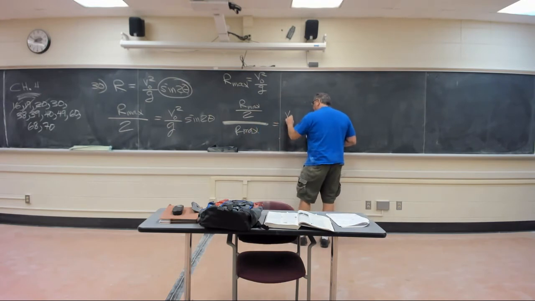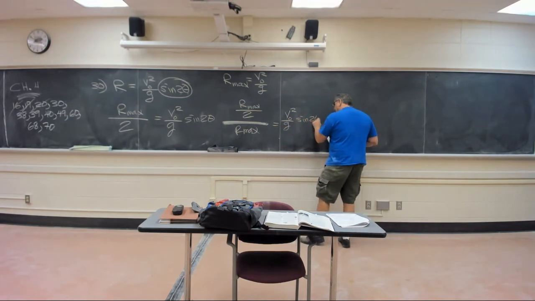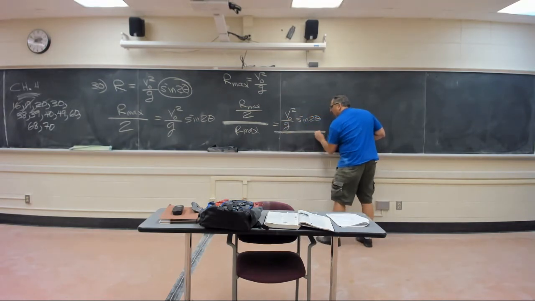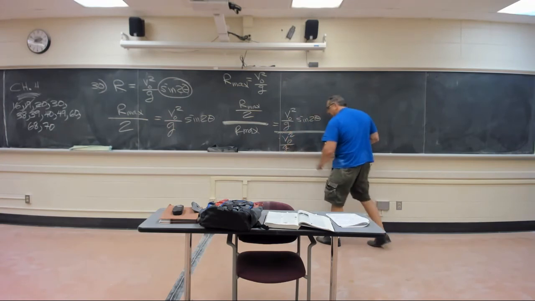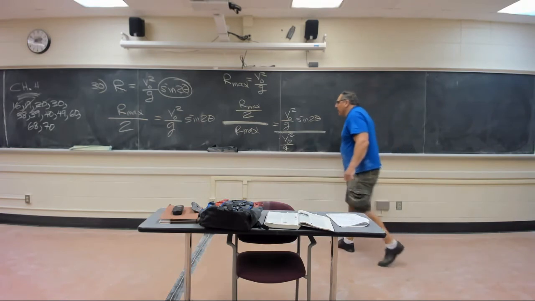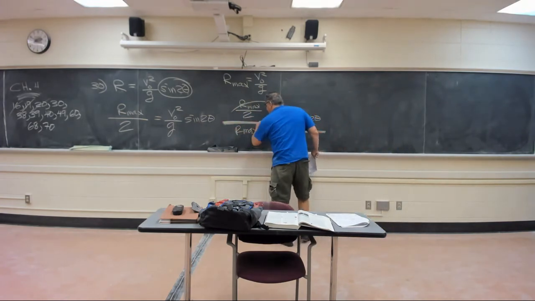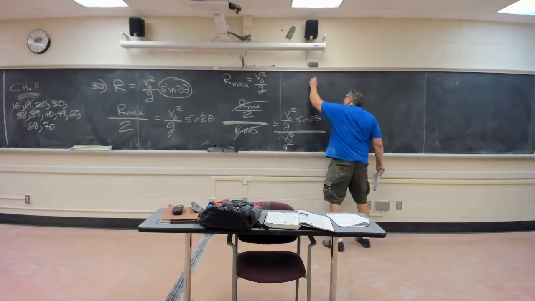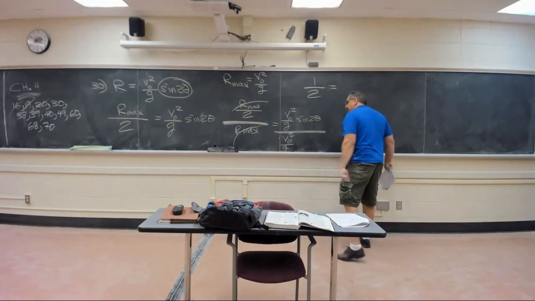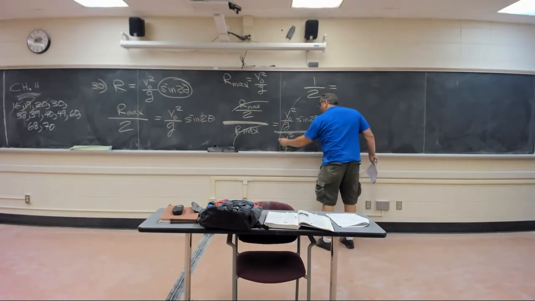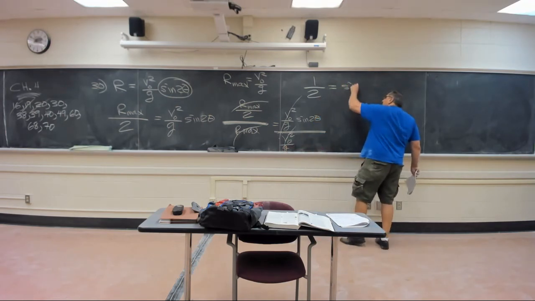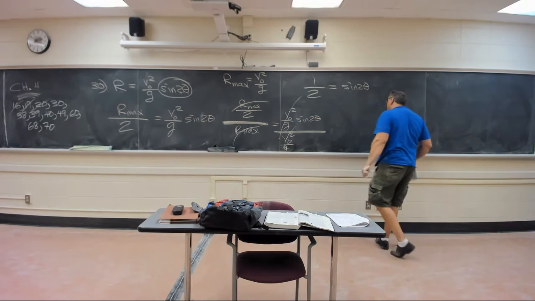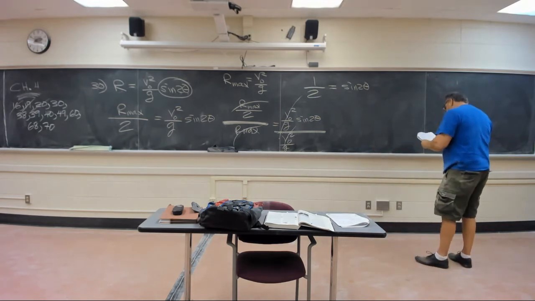And that's V0 squared over G sine 2 theta over V0 squared over G. R max and R max cancel. You've got a half. V0 squared over G, V0 squared over G cancel. You got sine 2 theta.